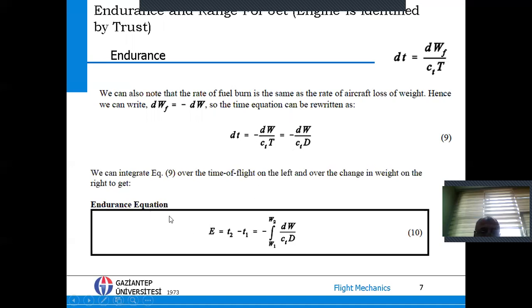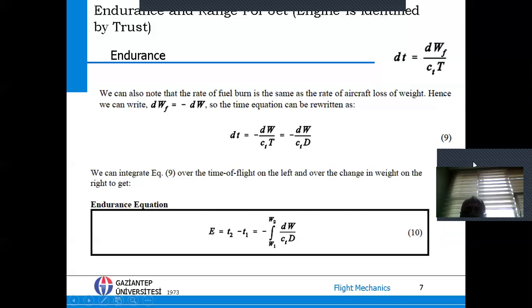So therefore the endurance E, E for endurance, equal to T2 minus T1 equal to minus, this is the minus over here, integration from W1 to W2 of dW over CT into D. Now, in order to perform this integration, we need to know the relation between CT and W, and the relation between D and W. Of course, it's difficult to say what the relation is, but I can make some assumptions and assume some flight schedule. Then I can know this relation and I can integrate it easily.